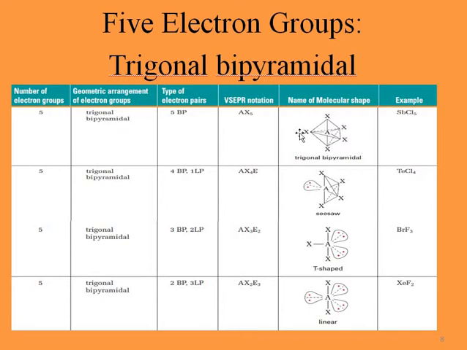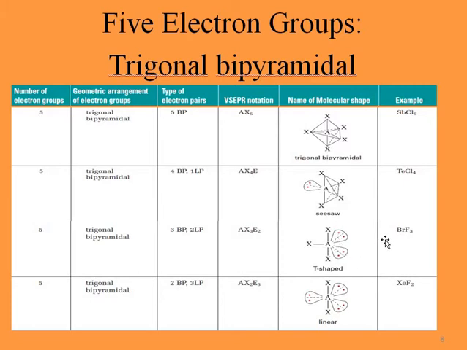AX2E3. As you see here, the shapes are trigonal bipyramidal when there is no lone pair, seesaw, T-shaped, and linear. So AX5 is such as SbCl5, and here we have seesaw when we have one lone pair, which is TeCl4 as an example, and the third one, AX3E2, has two lone pairs.